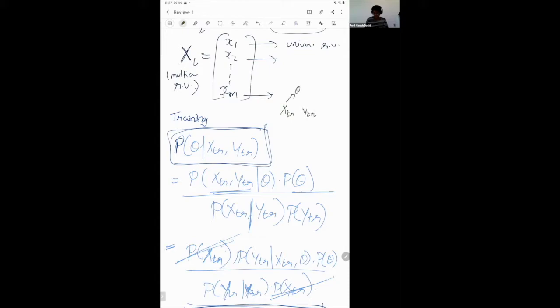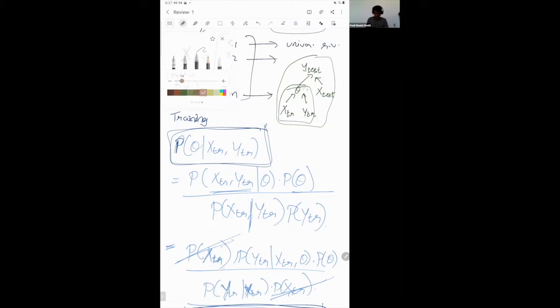We are trying to estimate theta here, and then given X test and this theta, we want Y test. So this is our goal. In training, our goal is to obtain this, and in testing, our goal is to obtain this.